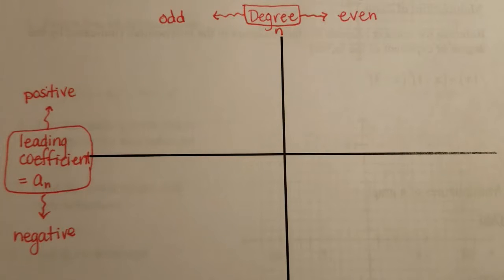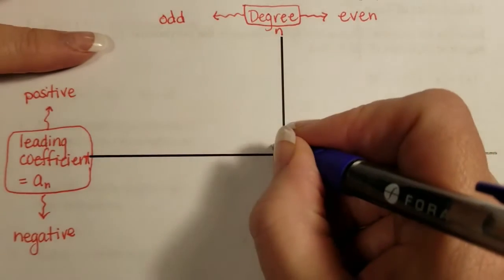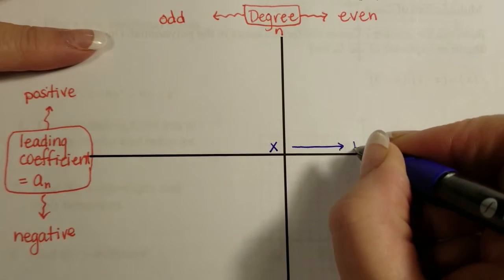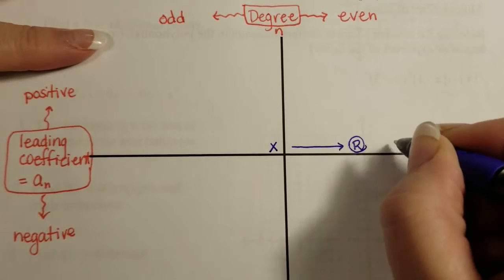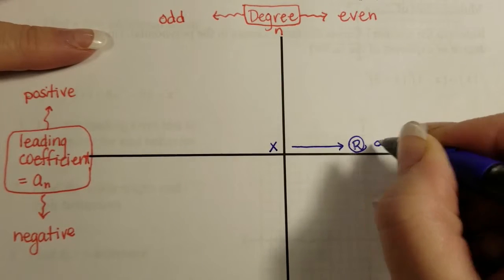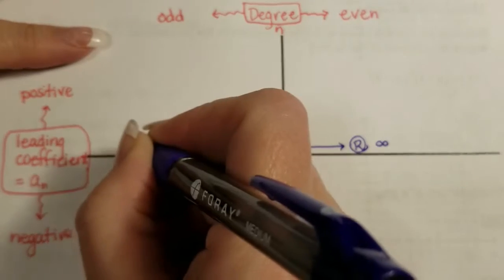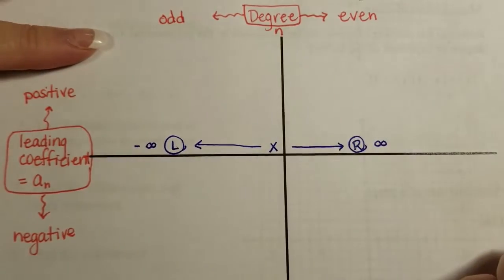So let's take a look here. We're going to describe on those end behaviors what the movement is of x and y. So we're always going to start out with a statement saying as x moves some way. So x is our horizontal, and it could move to the right, and that would be towards infinity, or it could move to the left, which is towards negative infinity.